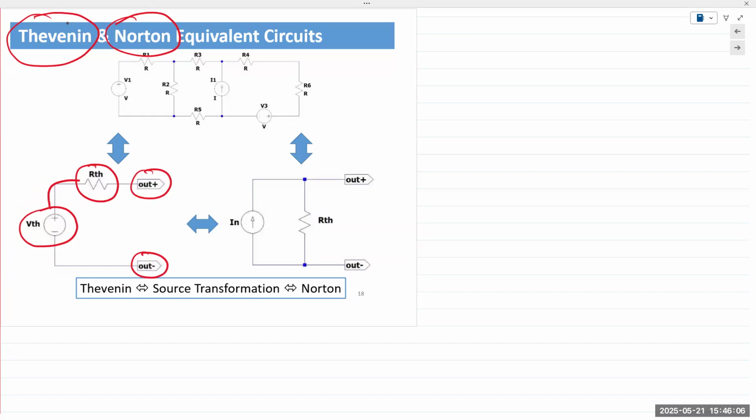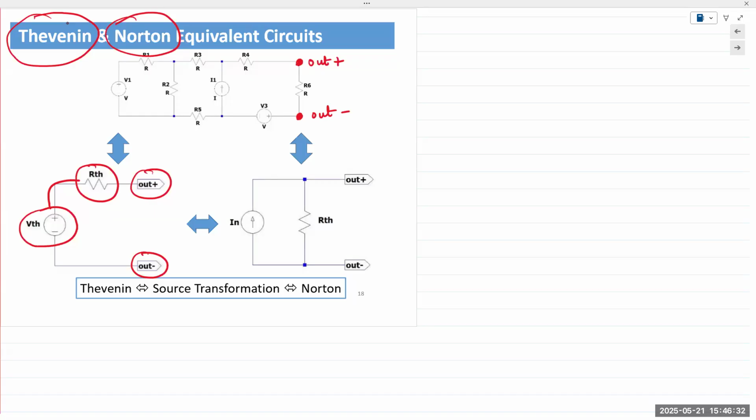In this particular example, our terminals of analysis are the terminals where R6 was connected. The out plus and out minus have no relevance or significance. When I was doing the circuit diagram, I had to label the terminals in order for that circuit to work, and so I labeled it as out plus and out minus.